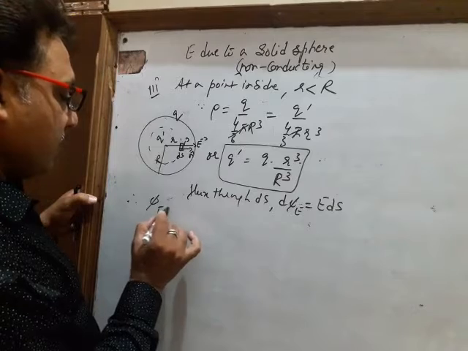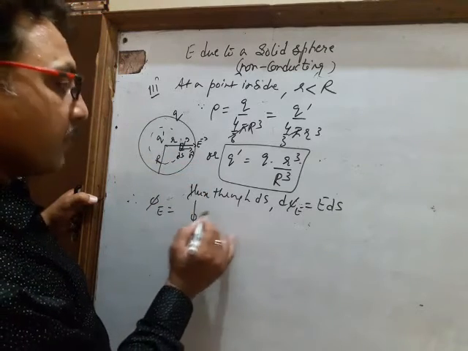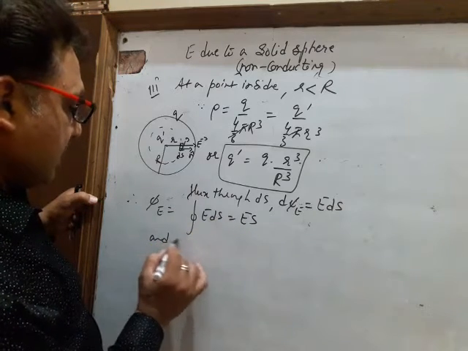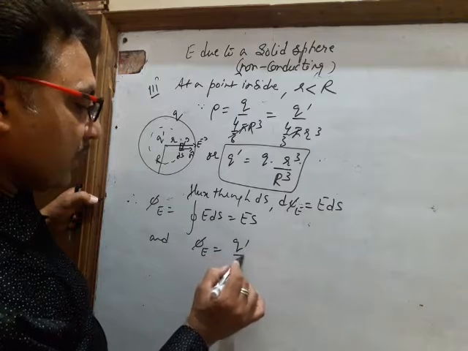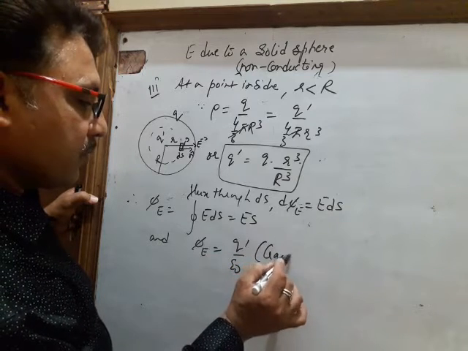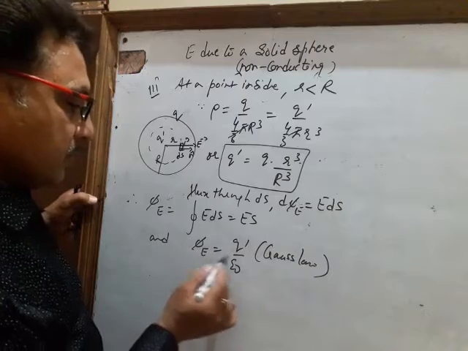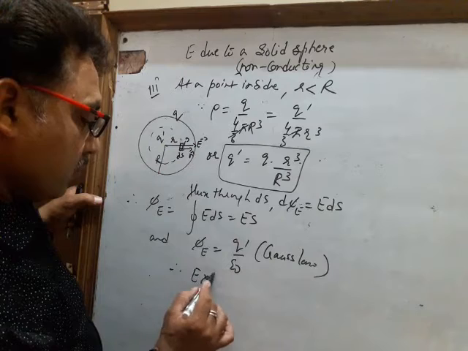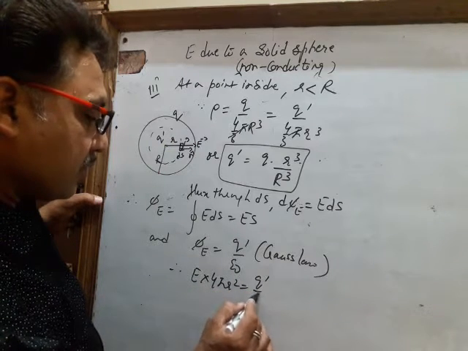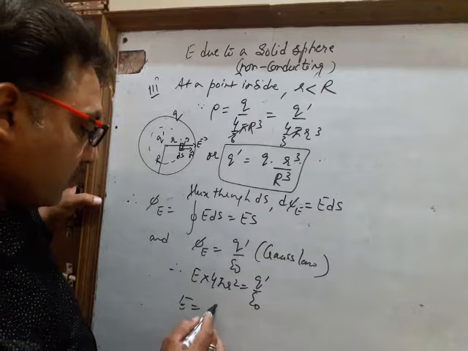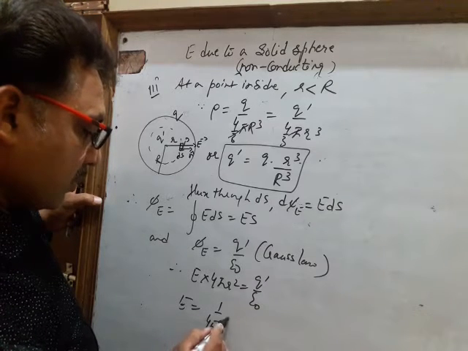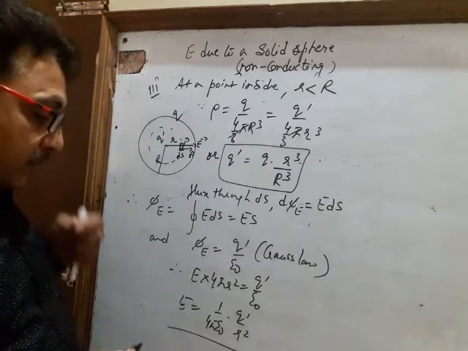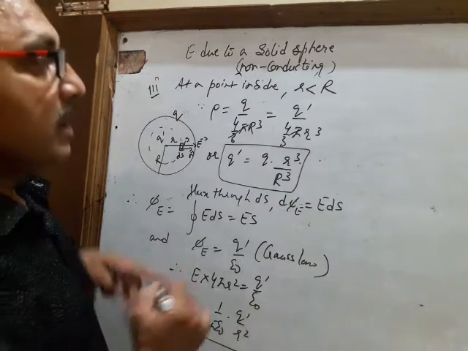Therefore phi, for the whole sphere, is integral E ds, means ES, and phi E is equal to Q dash upon epsilon naught from Gauss law. Now you have to write Q dash for this smaller sphere. Therefore E into 4 pi r square is equal to Q dash upon epsilon naught. So E equal to 1 by 4 pi epsilon naught Q dash upon r square. This is the formula now.